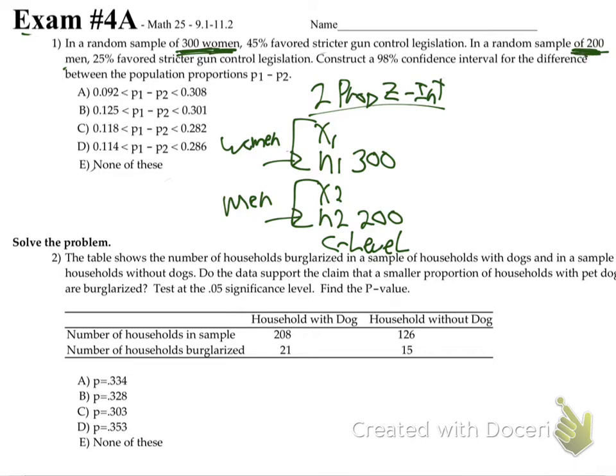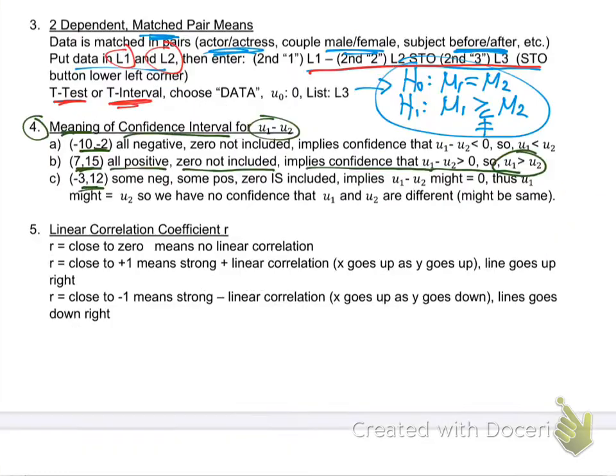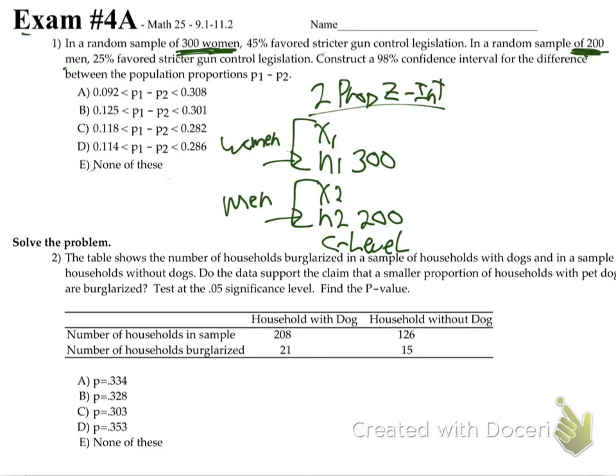So now, how do we find the X values? If you look back at the exam 4 notes, I gave some help there. It says, if a percentage is given, like 32% of 500, then X is 32% of 500, or 0.32 times 500. So that's what we're talking about here.